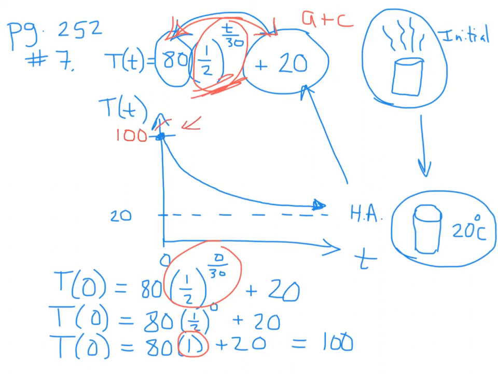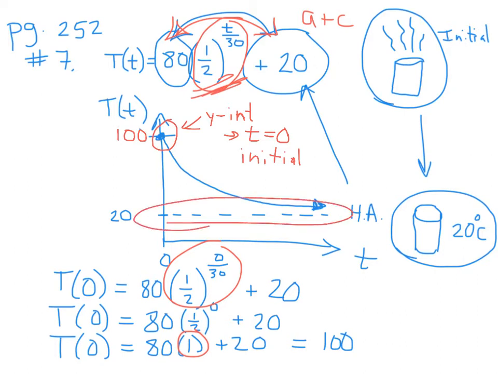The question asked us about the y-intercept, and the y-intercept, remember, happens when x equals 0 or time equals 0. So the y-intercept is just telling you what the initial temperature is of this hot liquid, and the initial temperature is 100. Then it also asks you about the horizontal asymptote, and we know that the horizontal asymptote is just the room temperature, which is 20 degrees Celsius.